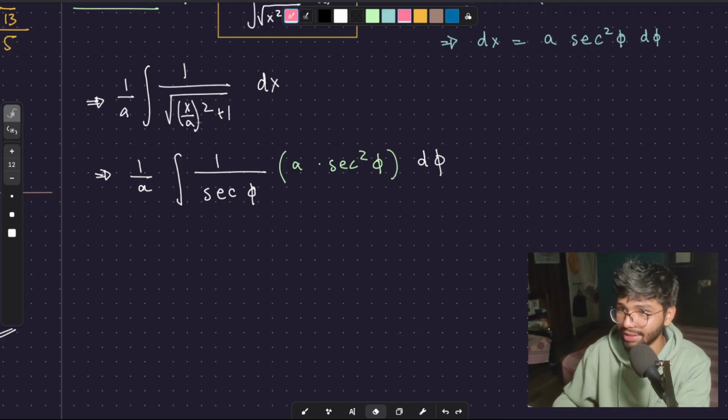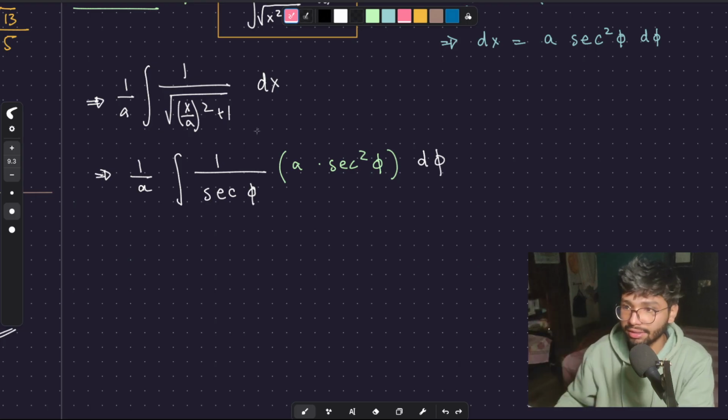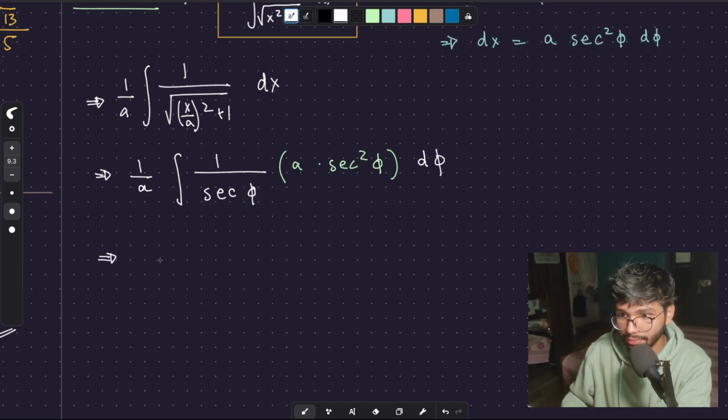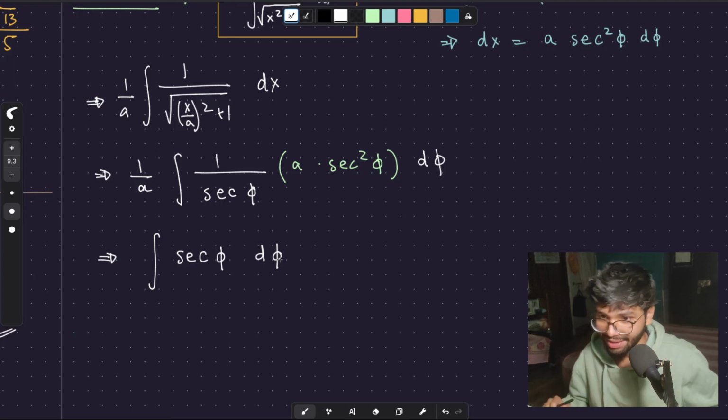This part is secant squared of phi, but we're taking the square root, so it is going to be just secant of phi. So great. That means this part and one exponent of the secant squared phi are also going to get cancelled. So great. This is, as I said, the a's are going to get cancelled, and we are just left with the lonely secant phi d phi.